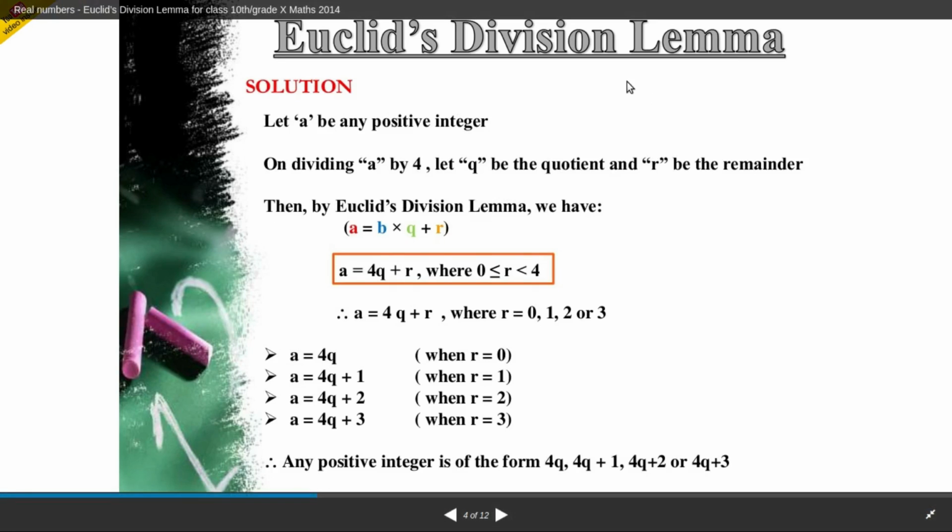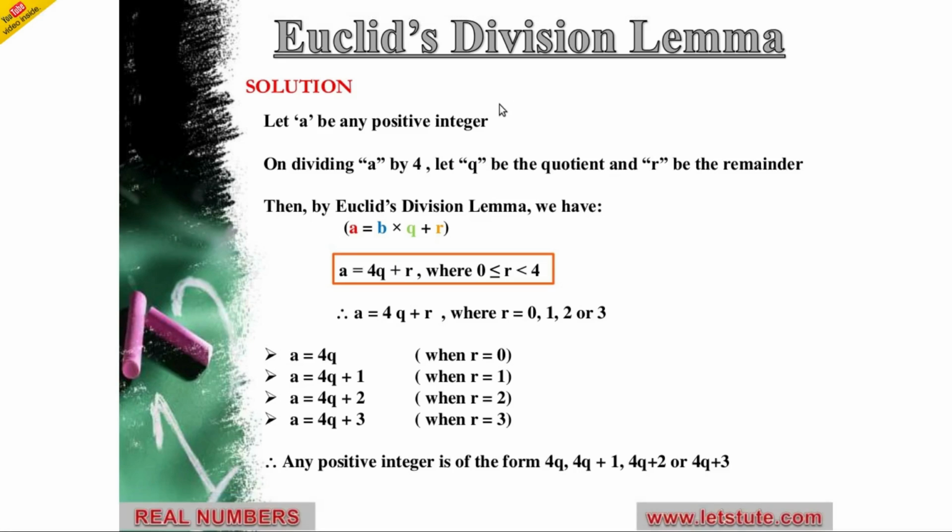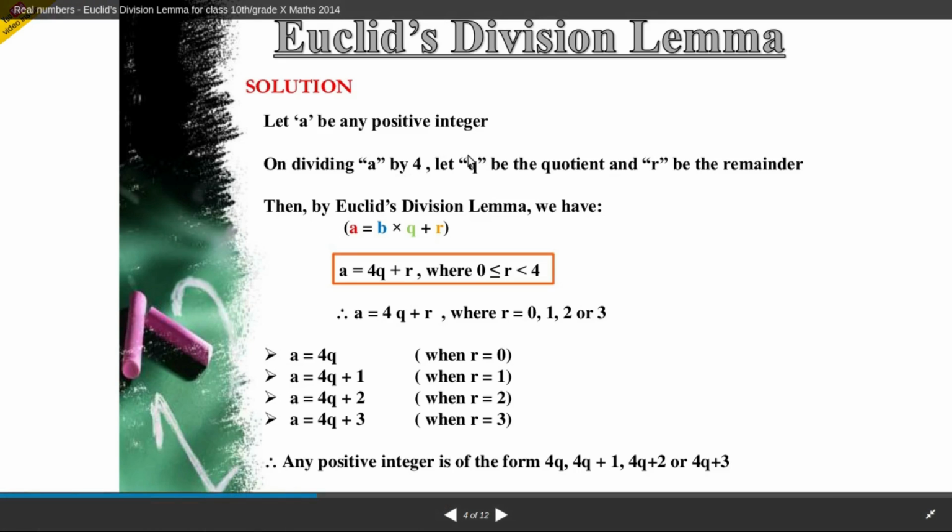So let's take a to be any positive integer. On dividing a by 4, 4 is the divisor, q is the quotient and r is the remainder. Expressing this as per the division lemma, we get a is equal to bq plus r, so b is 4, the divisor, q as it is, and then r. What are the possible values of r? We know it is 0, 1, 2, 3.